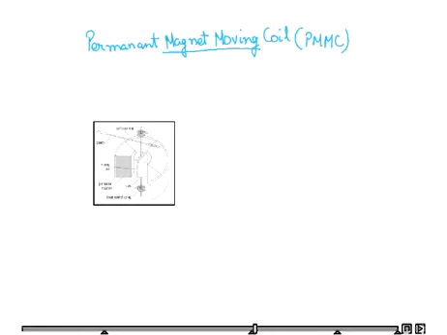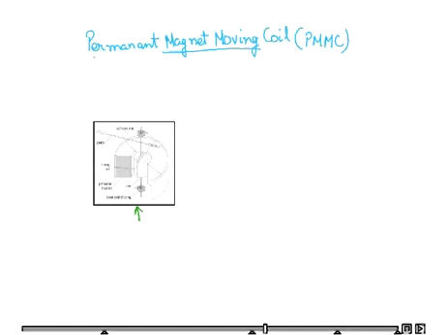Let's see what is permanent magnet moving coil. It is a type of moving coil instrument. So PMMC is a type of moving coil instrument. Now this is the construction of PMMC.